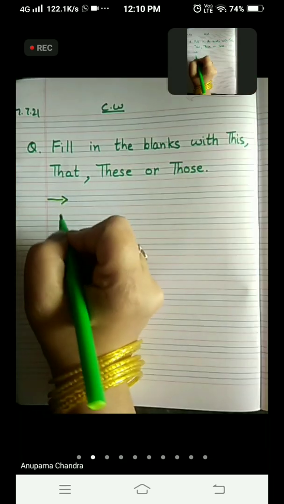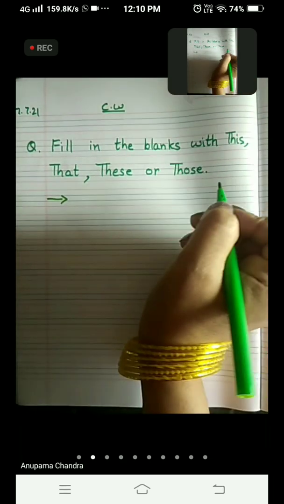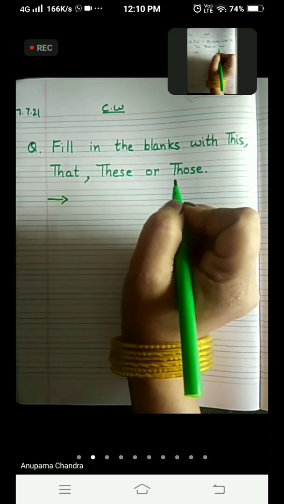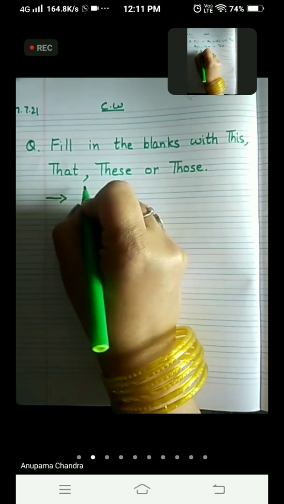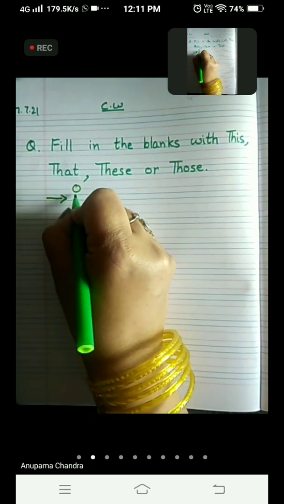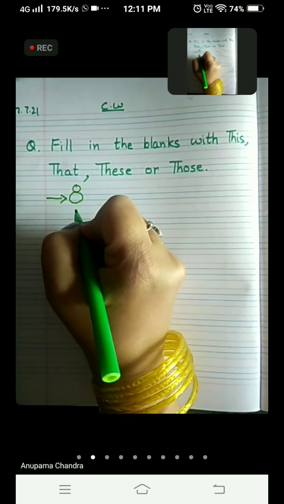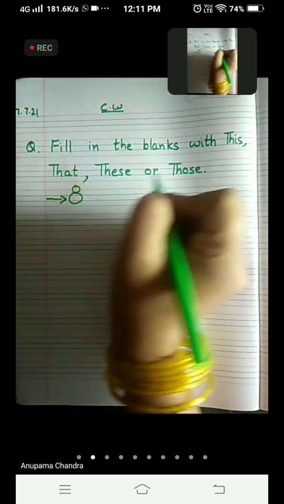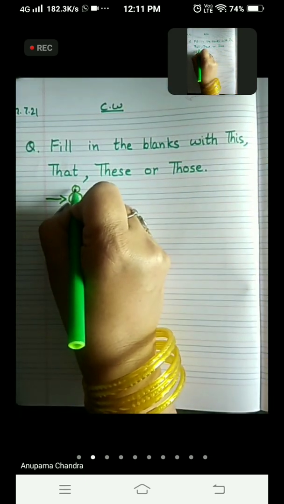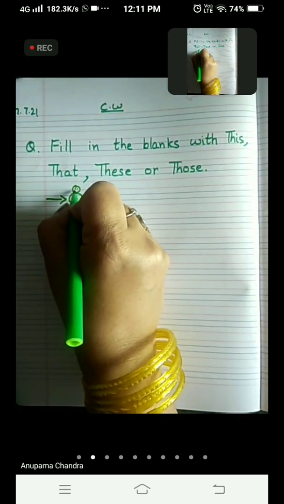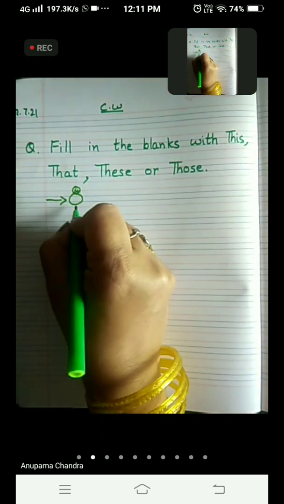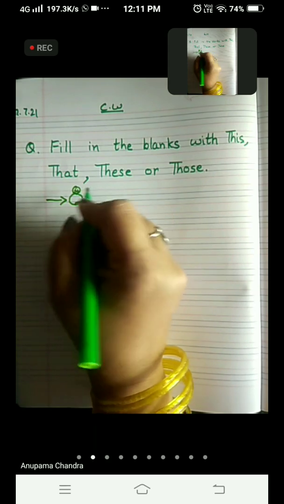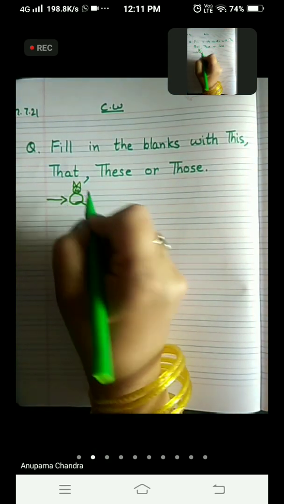You will make an arrow like this, and after this arrow we are going to make a cat. Now how to make a cat? You are going to make two circles, one big and the other one small, like you write 8, and then you are going to make eyes and mouth, and then one tail and 2 ears.